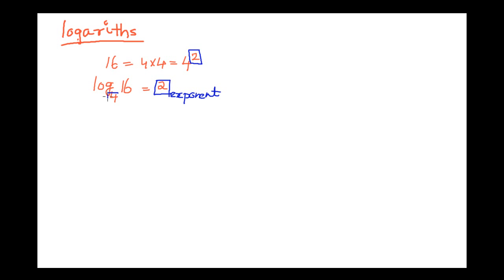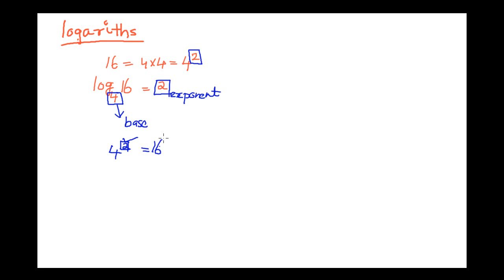This is called the base. Now, what does this statement mean? This means that this base 4 has to be raised to a particular number to get 16. That number is 2. And that's why we say log 16 is 2.